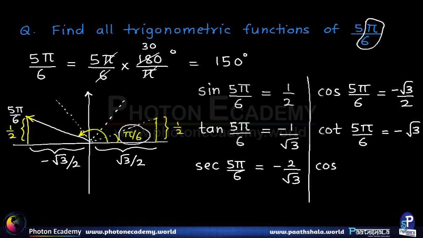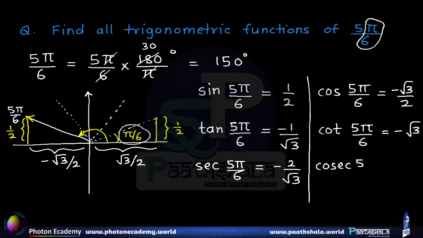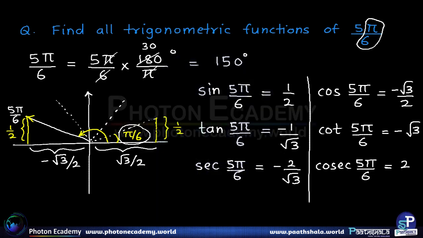And lastly cosec of 5 pi by 6 is the reciprocal of its sine, which is 2. So that's how we can find out the trigonometric functions of angle, which is a multiple of any standard angle whose ratios we are already aware of.